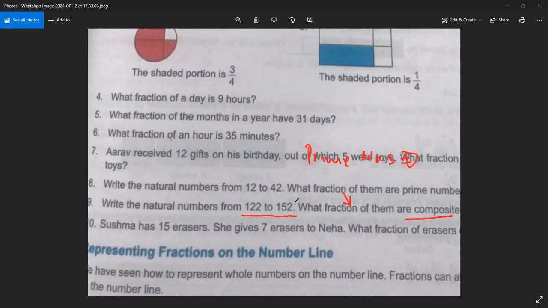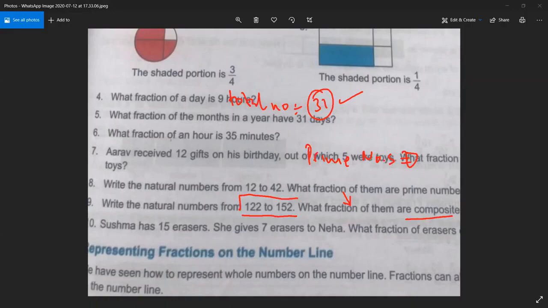Yes or no, sir? Yes, sir. Sarthak, what will be total numbers from 122 to 152? 31. Have you understood?